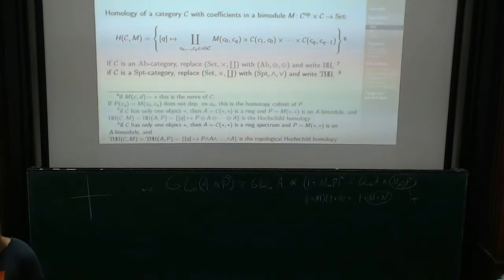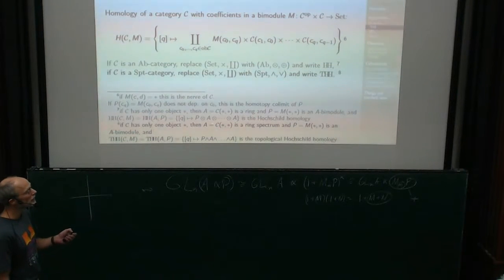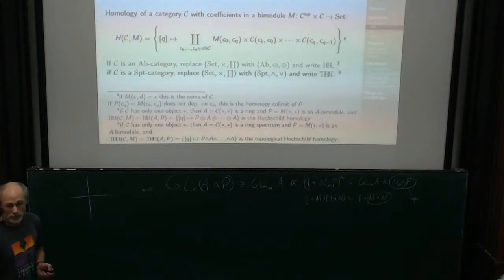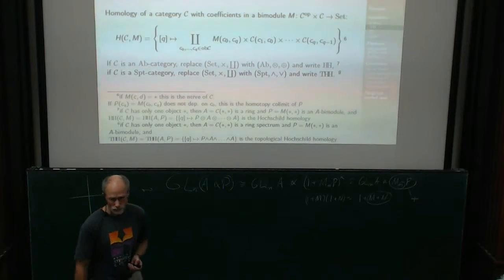Again, if your category has just one object, then that is exactly the same as THH of the ring spectrum I get by applying my category to the only object, the endomorphisms. Composition here gives a multiplication on that spectrum. Questions at this stage?